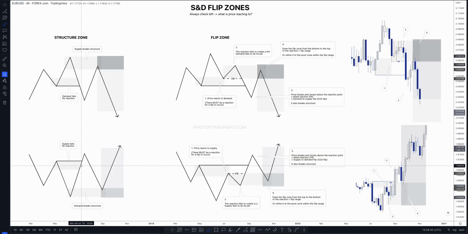Now, flip zones, the simplest way to describe it, is where we see supply and demand have a bit of a battle and then one overpowers the other, okay? So the simplest way to describe it is actually to go back to the first example. So let's think about demand. Price makes a higher high, it pulls back to form a higher low, and that's confirmed when we get the break of bullish structure here, okay?